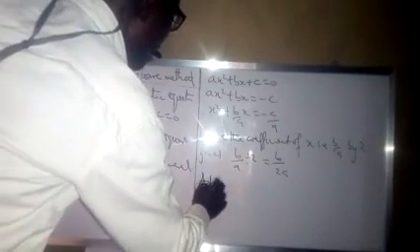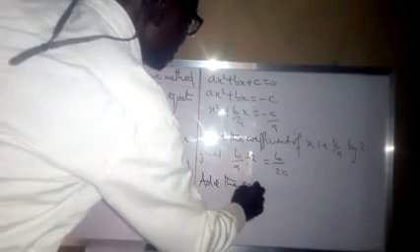So the next thing is, let's find the square of that. Add the square of b all over 2a to both sides of the equation.